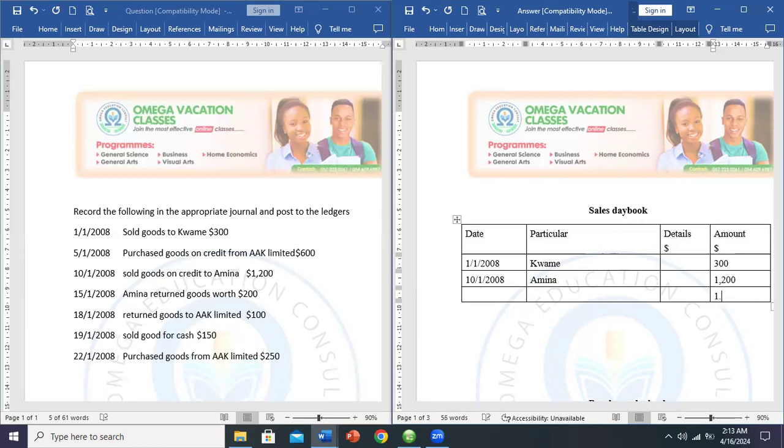So the total here will be 1,500. So we'll use the closing date, 31st January 2008. So total credit sales transfer to sales account in the general ledger. Okay.